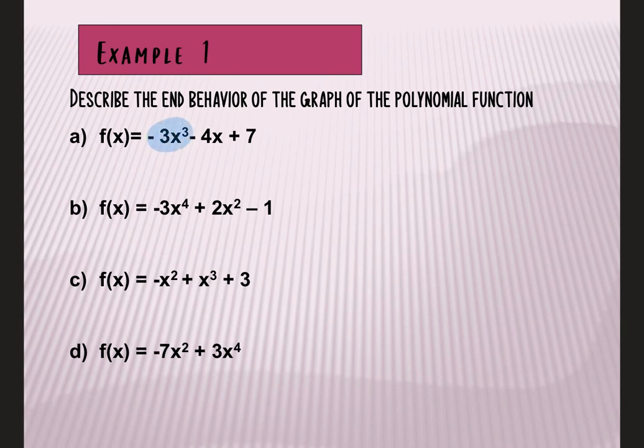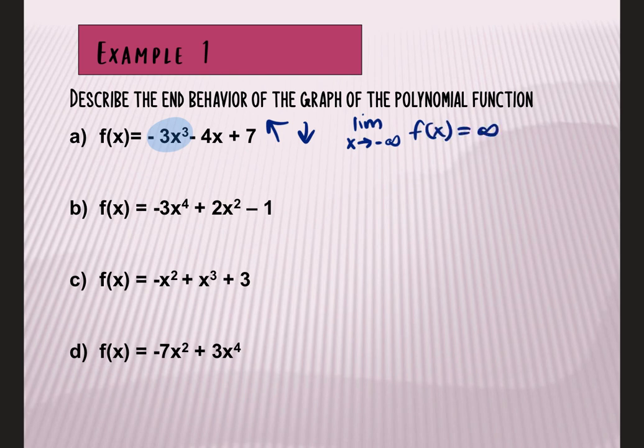For A, it is the first one. The exponent is even or odd, and the front number is negative, which means rises left, falls right, yes? So as x approaches negative infinity, f of x is approaching what?